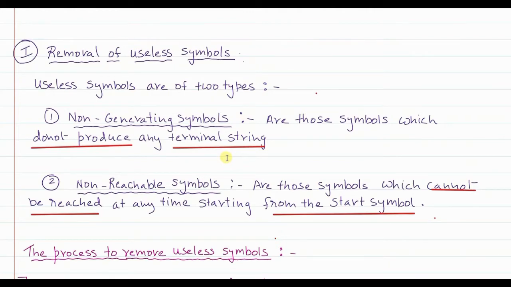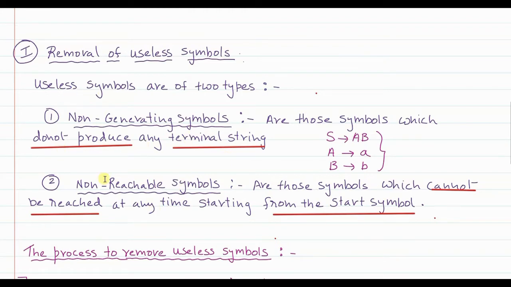consider these productions of the grammar. Say S gives AB, A gives a, B gives b. So you consider these three. Fine. Now, which are the non-generating symbols in this grammar?